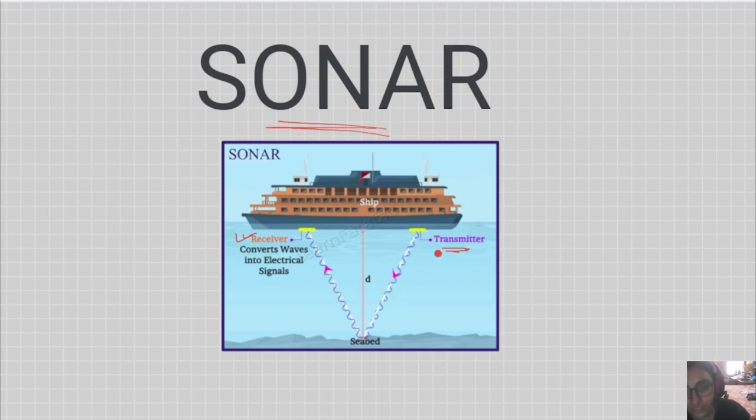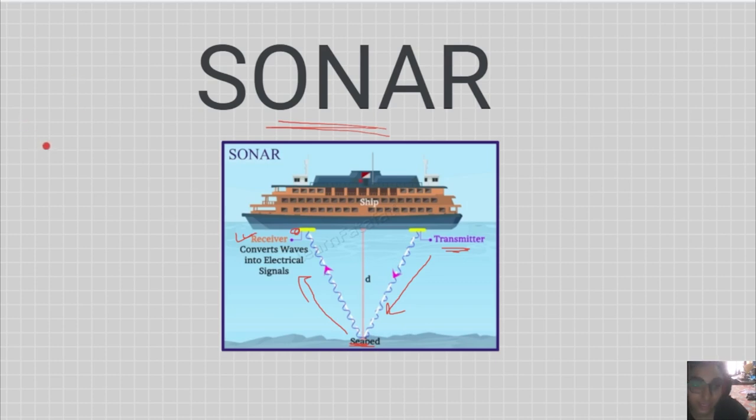Here the sound is going, and here is the seabed. For reflection of sound, you do not need a polished surface. It just has to be a normal surface through which sound can be reflected. The sound hits the seabed and then reflects back, and the receiver receives it.